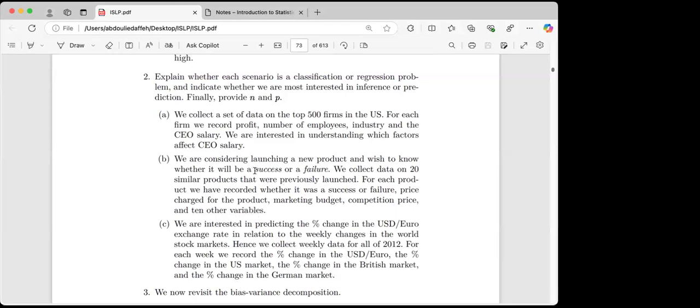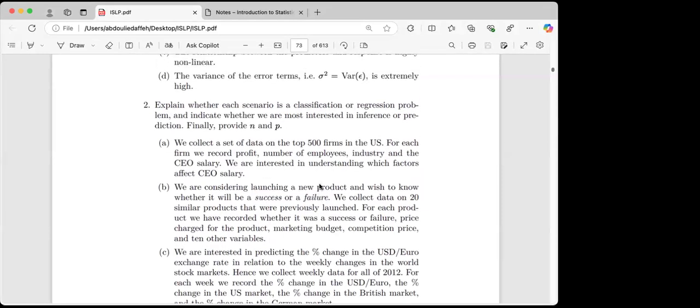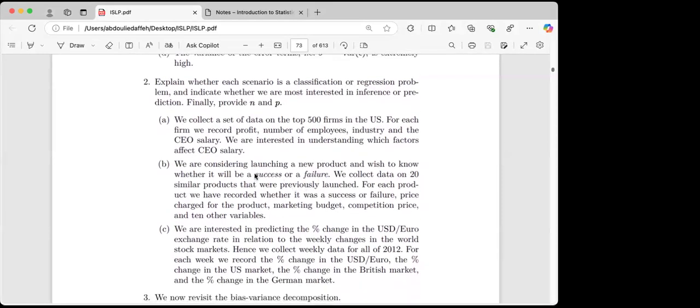So I think it's going to be a prediction problem. What do you think? Classification, of course. It should be a classification problem because the response variable is failure or success.